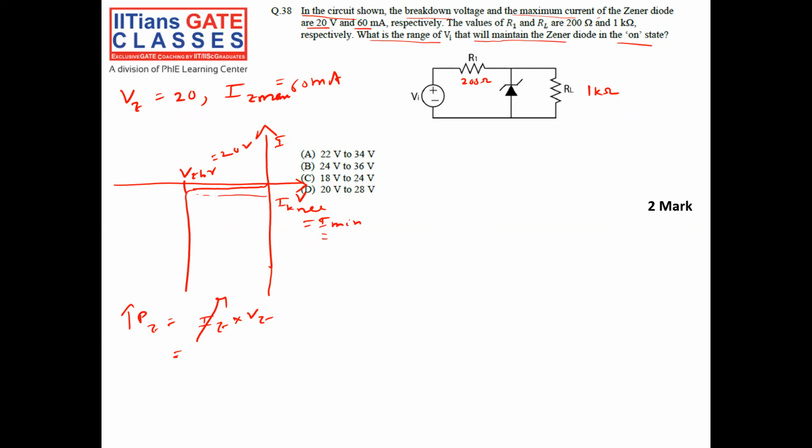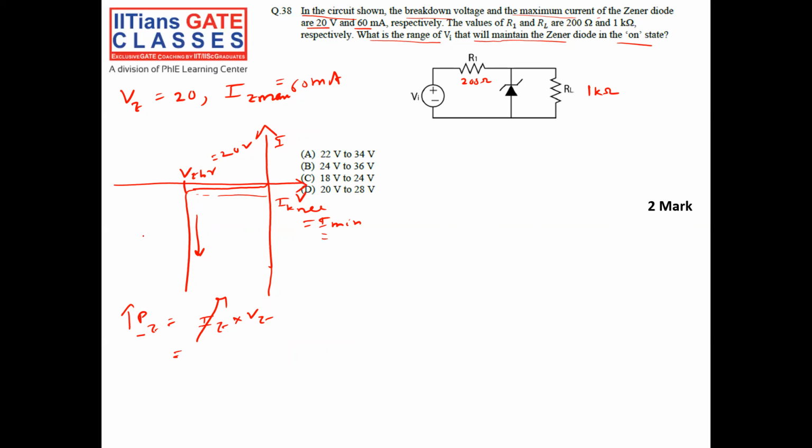For every Zener diode there is a maximum power that we can dissipate, because every Zener diode will be in some package, and the package is optimized for a maximum power. So if you go on increasing the current, the power dissipation will go on increasing until it reaches a limit called Pz maximum. I cannot increase current beyond the maximum power.